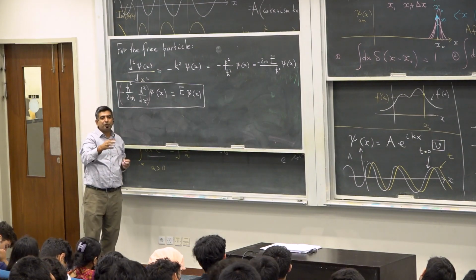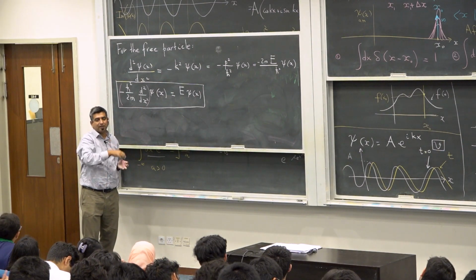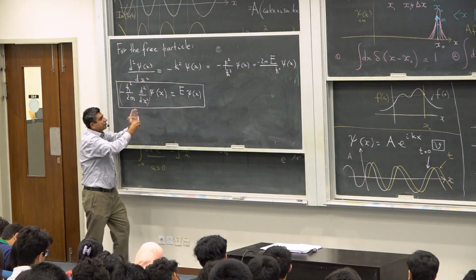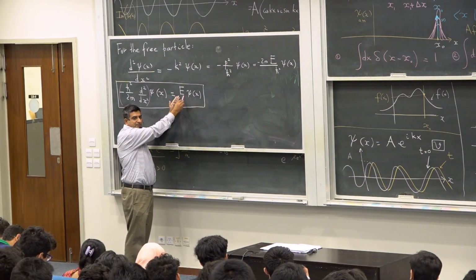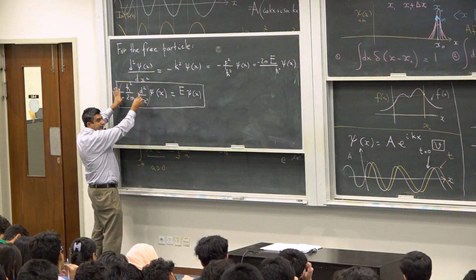But if you want to include potential energy into this system as well, I need kinetic energy plus potential energy to give me the total energy of the system. So I need to add in a term that corresponds to the potential energy.